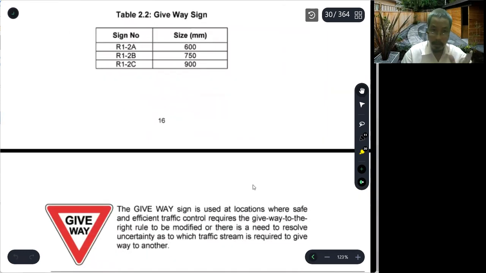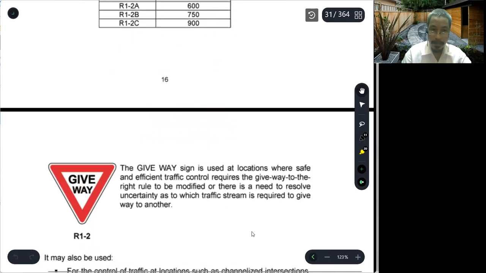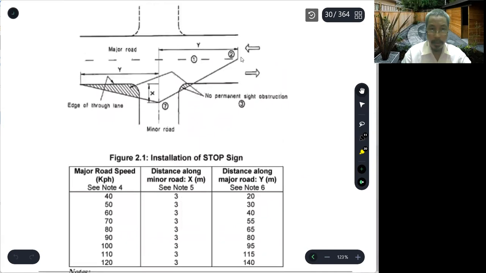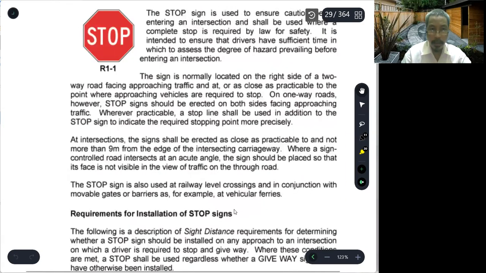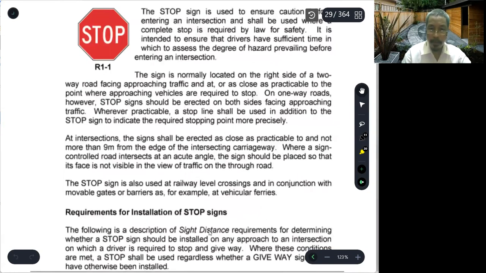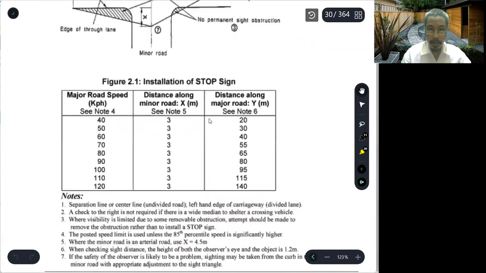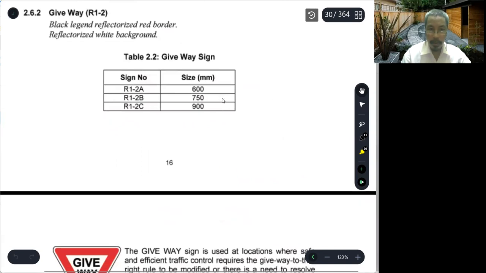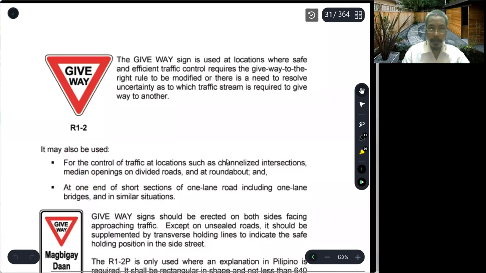Take note, it's different from R1-1. R1-1 is here, you can still recall, stop. There are 4 sizes of this, while here we have 3 sizes for give way, which is an inverted triangle.